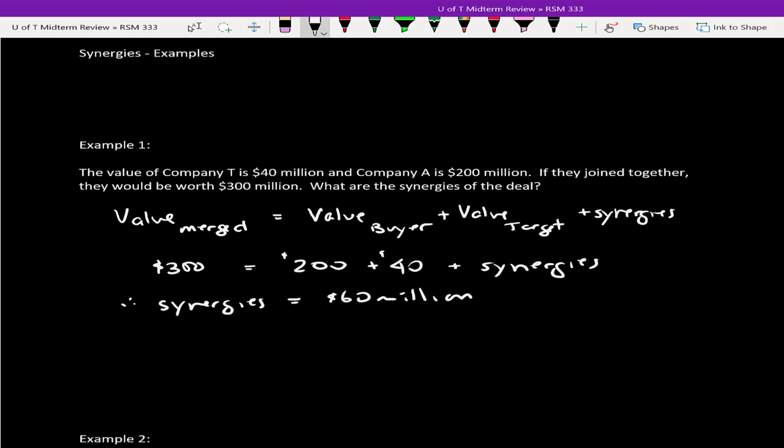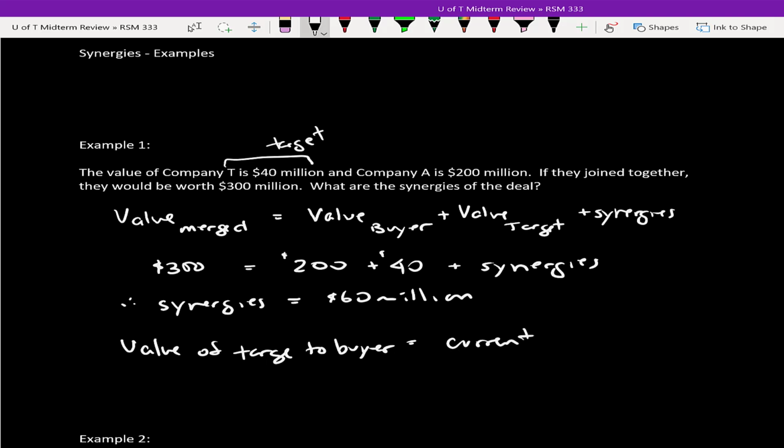Now the concept that it introduces is what's the value of the target to the buyer. So if we assume in this case that this is the target, company T, then the value of the target to the buyer is equal to the current share price plus the synergies.